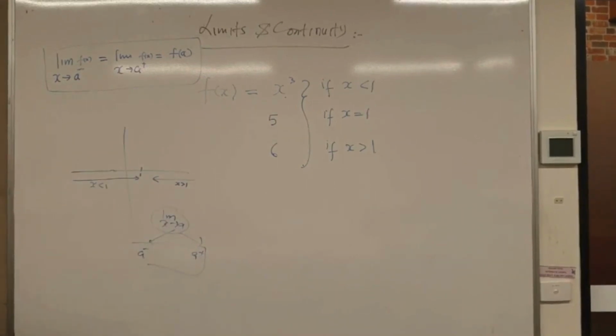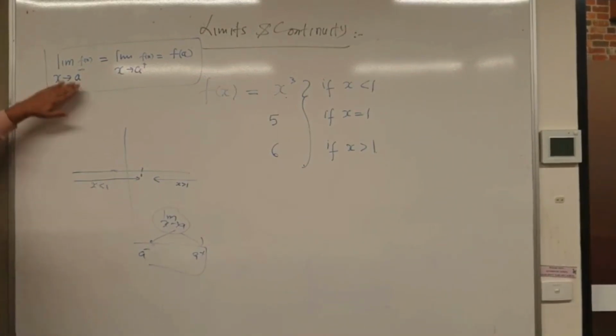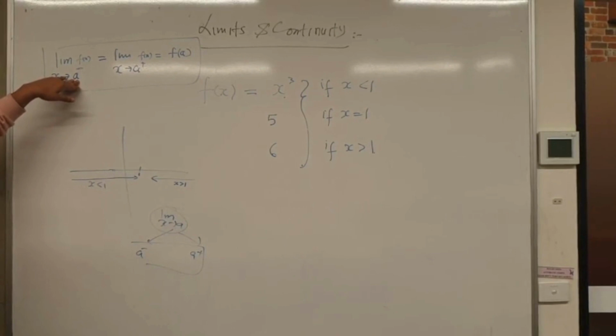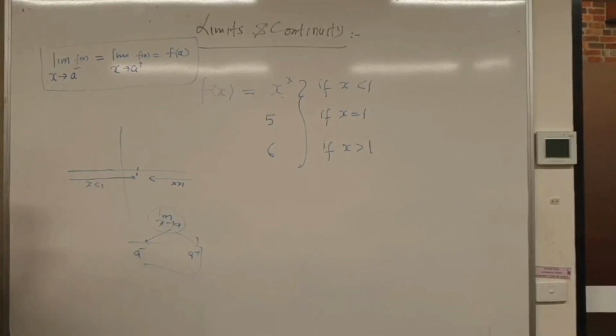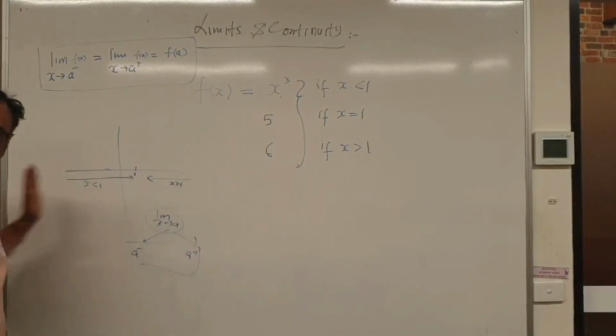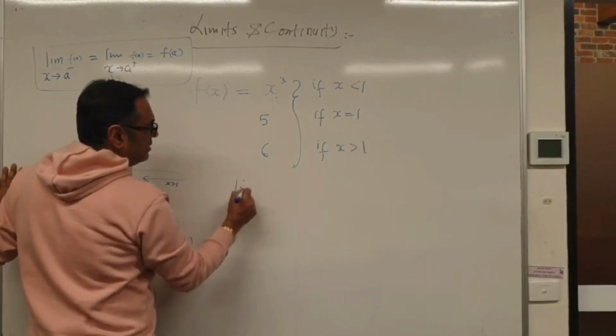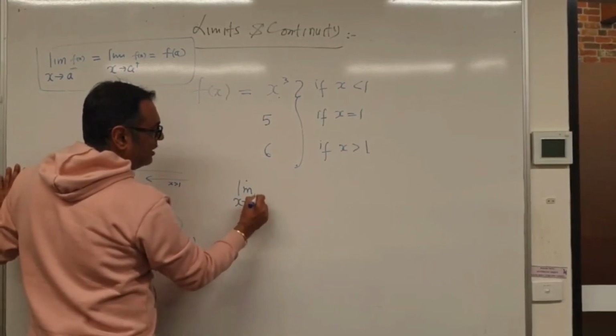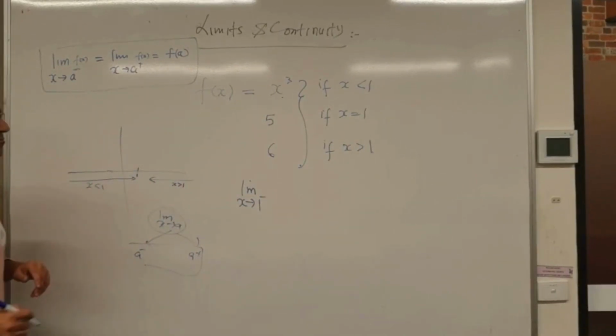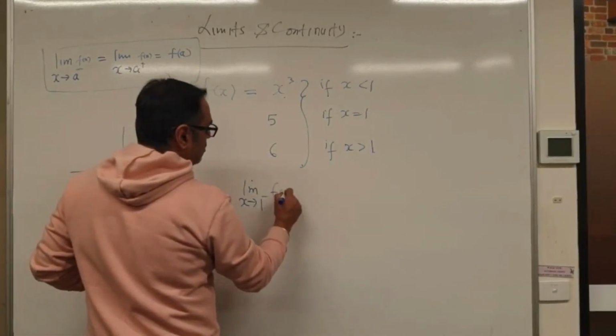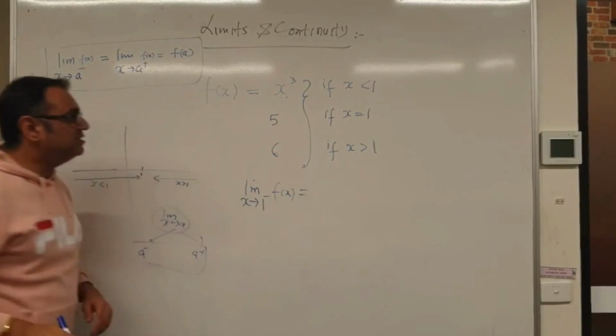Let's talk about the negative limit. If I approach from the left, what I'm saying is the limit as x tends to 1 negative of f of x. What will be f of x?